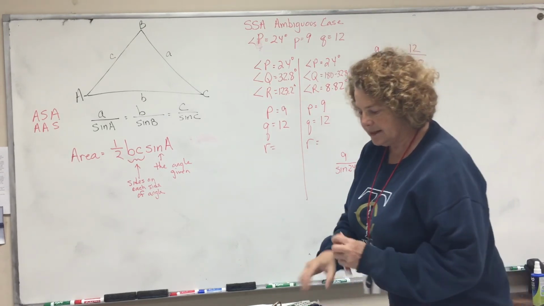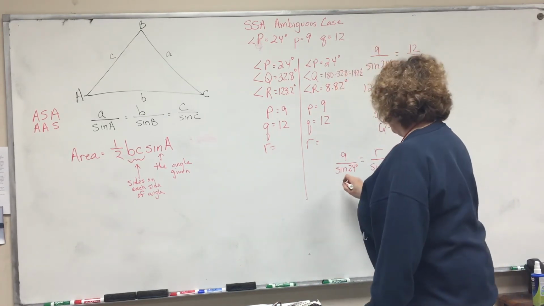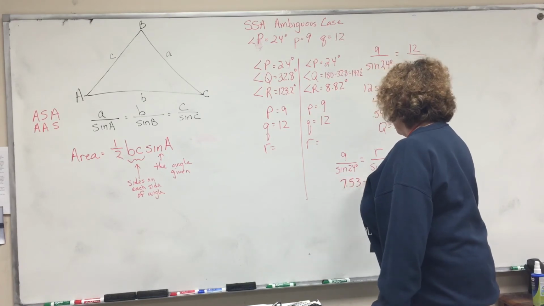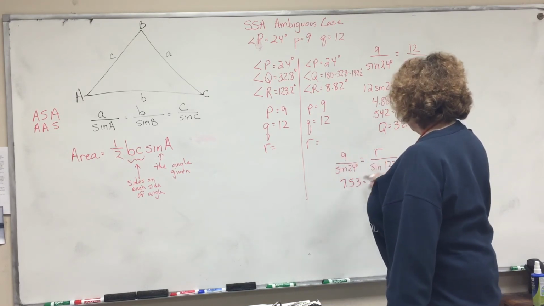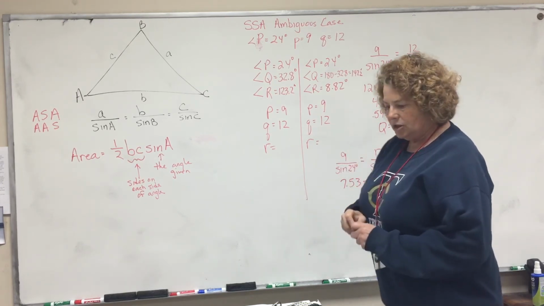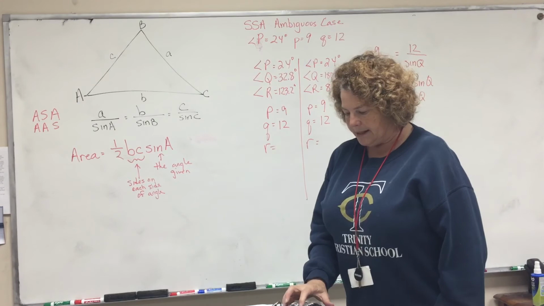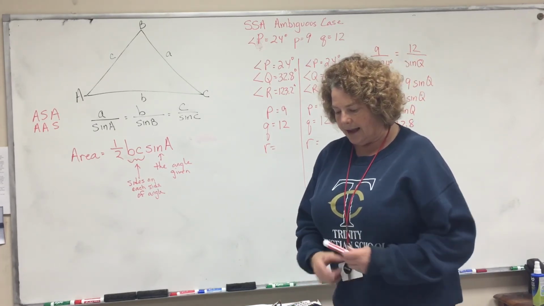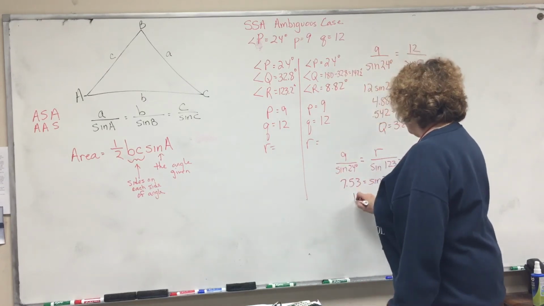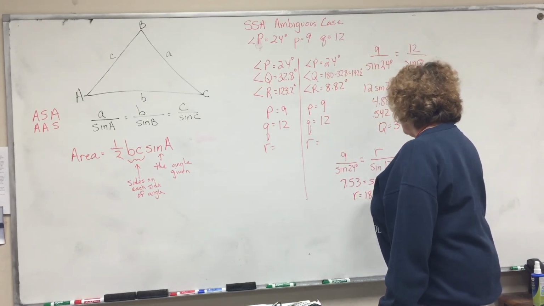So 9 times the sine is 7.53 equals the sine of 24 times R, because this times this equals this times this. So divide that by the sine of 24, and I get 18.5. So R is 18.5 on this side.